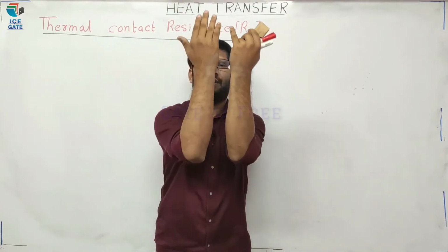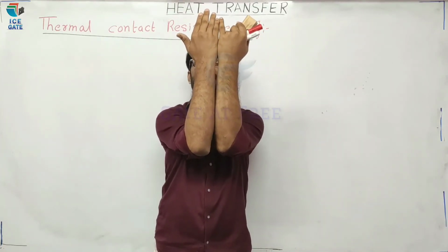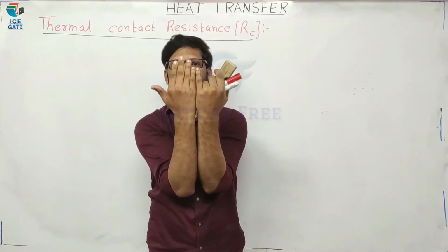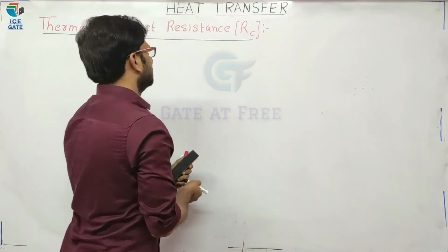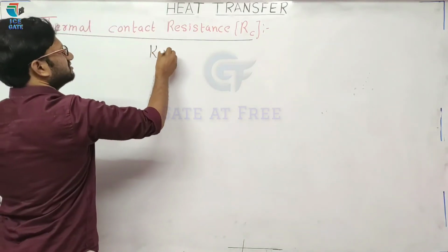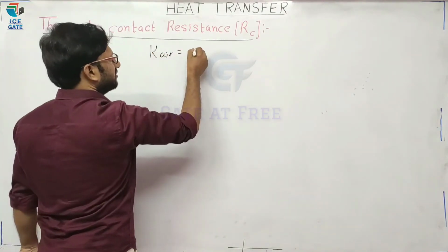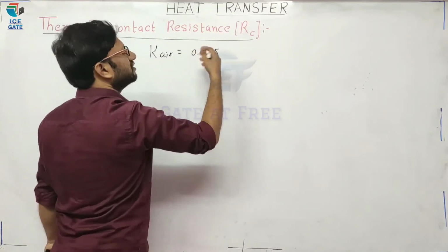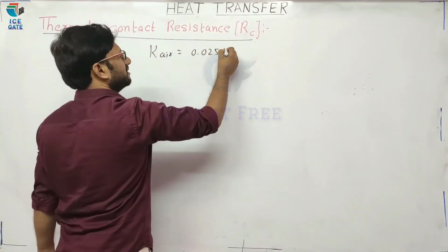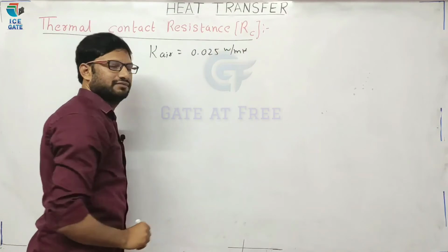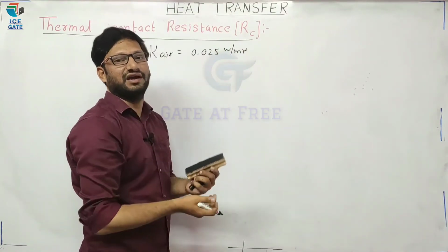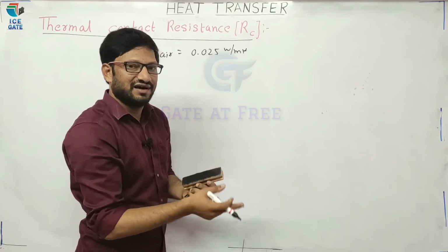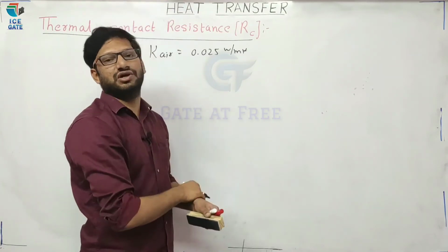Due to this, a small air gap will be present between the contacts. We know that the thermal conductivity of air is very, very low, approximately 0.025 watt per meter Kelvin. So due to the low thermal conductivity of air, it offers additional resistance to heat flow.